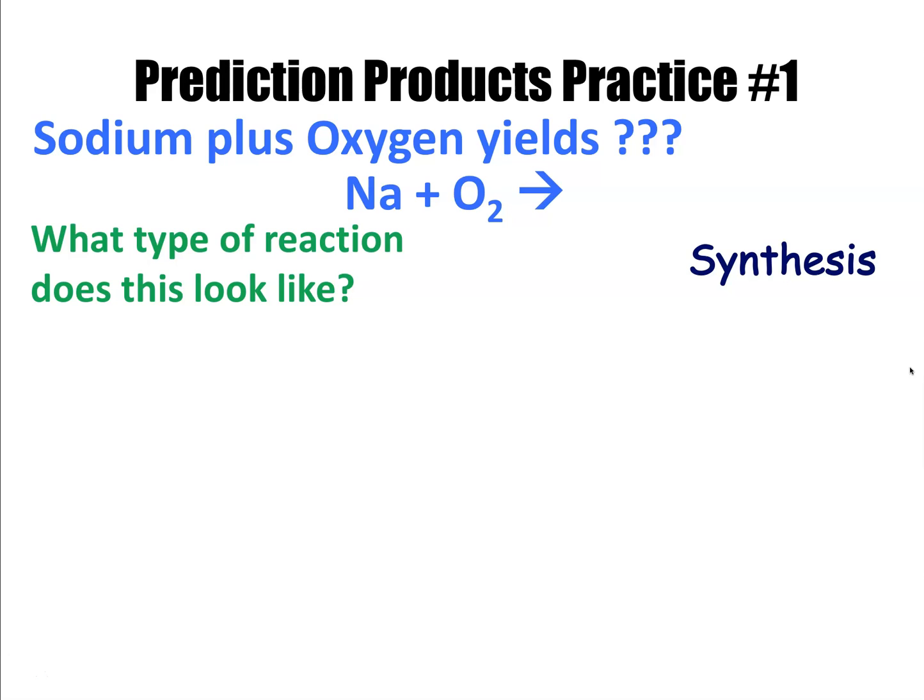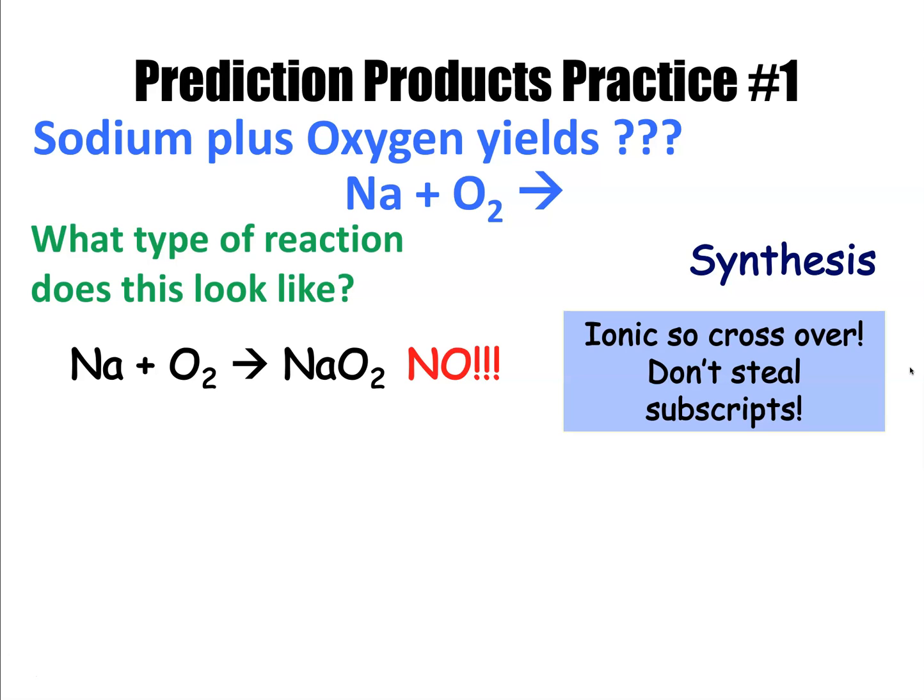Well, I need to predict my products. So if it's A plus B gives you AB, then I put them together. But here we have a problem. When you create your new products, you have to do the crisscross method with the ions. So ionic ions crossover, we don't steal the subscripts.